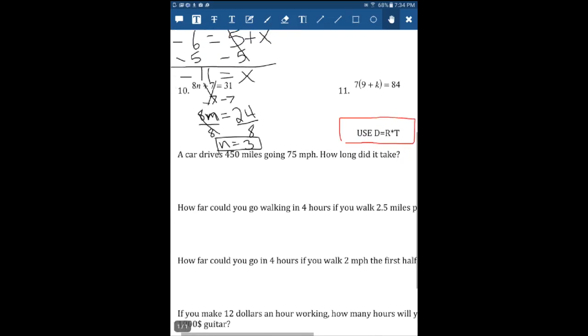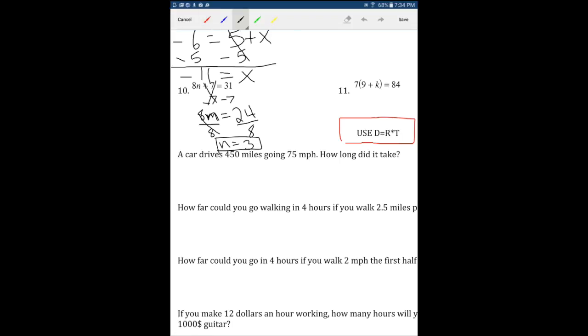So we're going to grab our pencil here and look at the first one. 450 miles going 75 miles per hour. D equals r times t. 450, that's our distance in miles, equals 75 times t. Now what am I going to do?